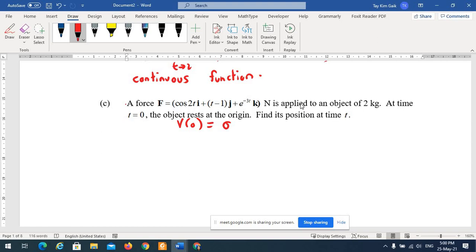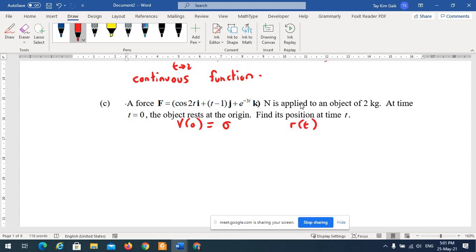We want to find the position, so we want to find the vector r(t). To find the position vector, you need the velocity vector v(t). Before you can get the velocity vector, you have to get the acceleration vector.